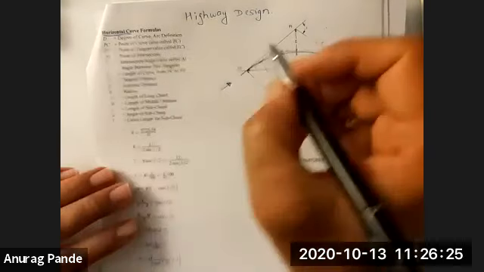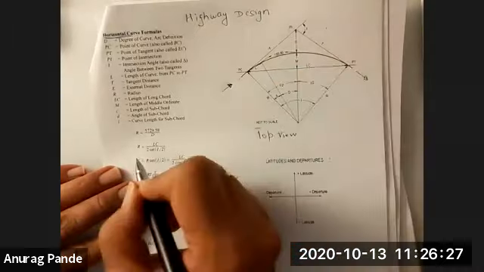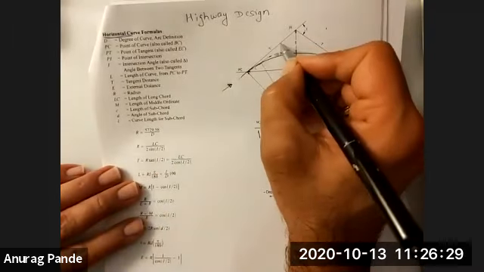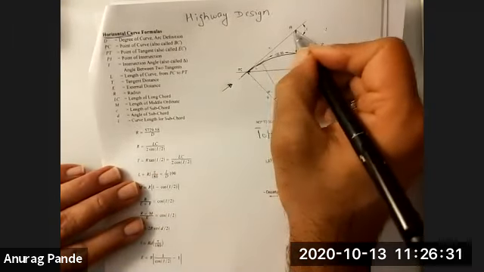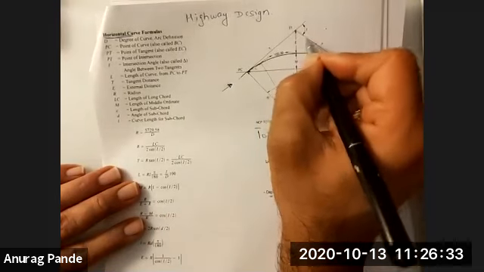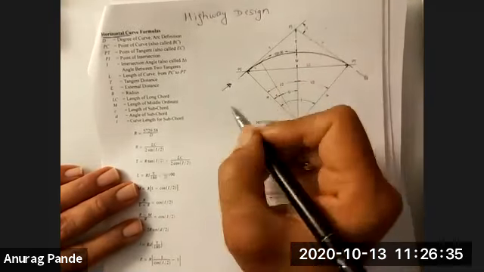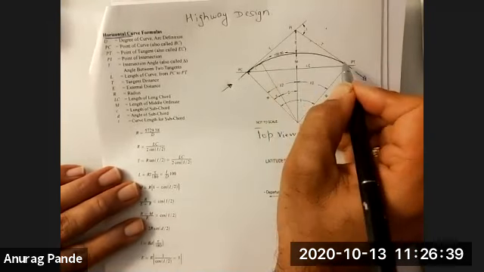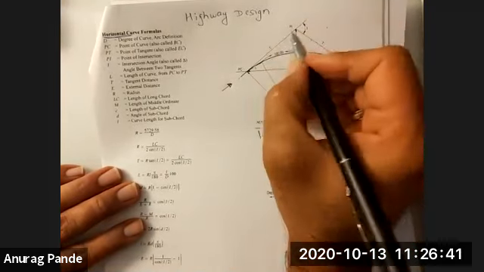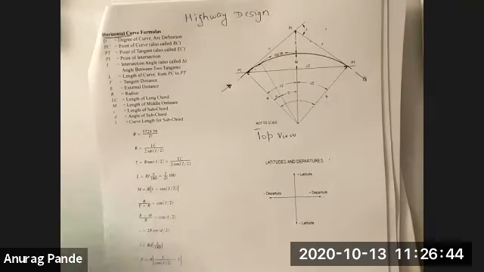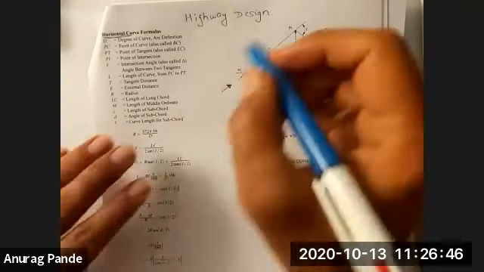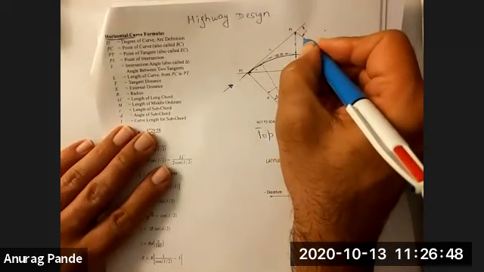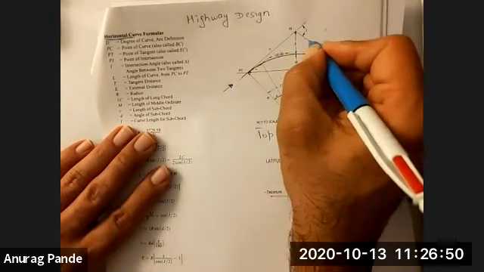So obviously you can make this turn as sharp or as smooth as you like. The sharpest possible turn would be you force the vehicles to come all the way over here and then make the turn. A smooth turn would be you provide this radius to be as large as possible. So there could be many, many ways to provide this turn. You could have vehicles turning here, here, or here.